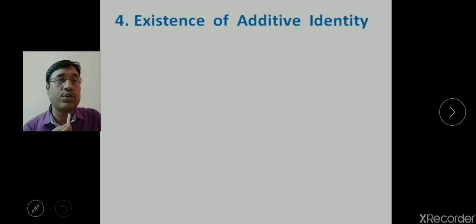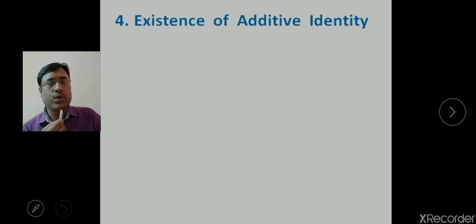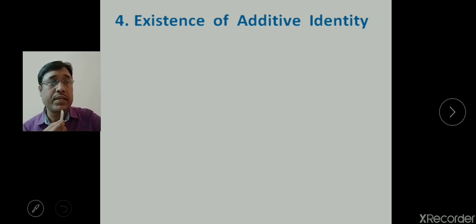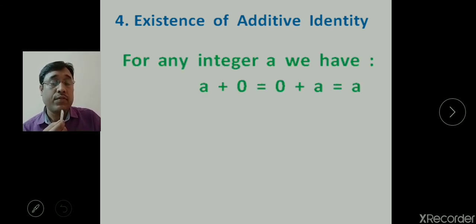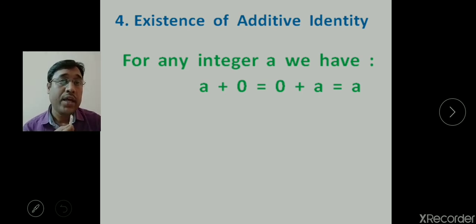Then the existence of additive identity. We all know that 0 is the additive identity of all the integers, because by adding 0, the sum is the number itself. For example, for any integer a, we have a plus 0 equals 0 plus a, which equals a. So when we add 0 to any integer, it does not change.